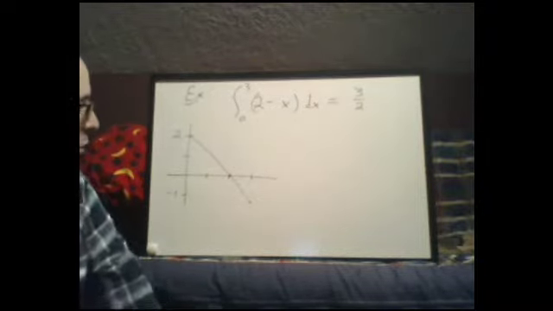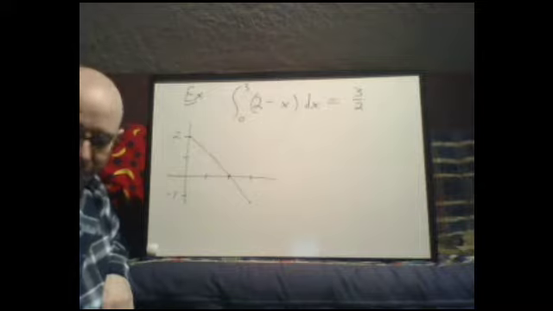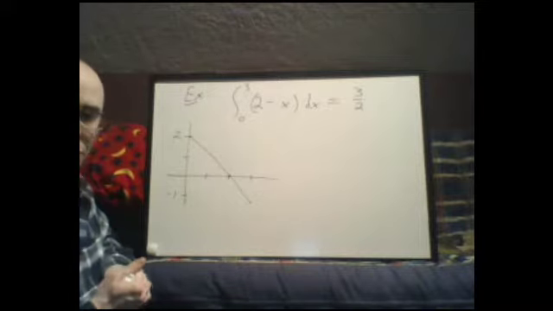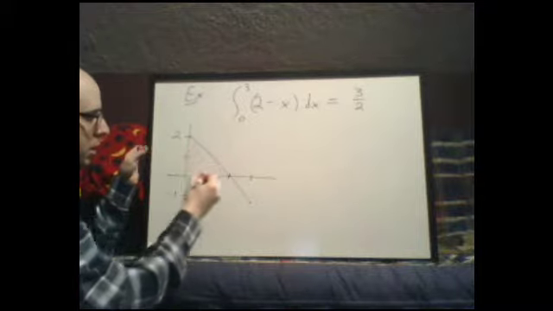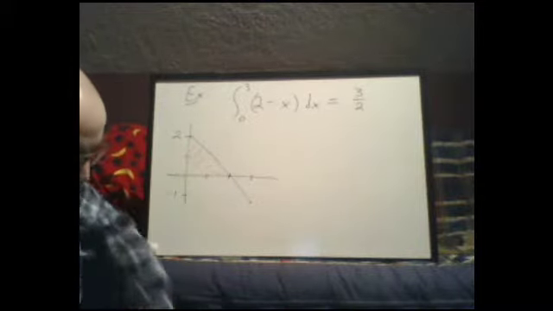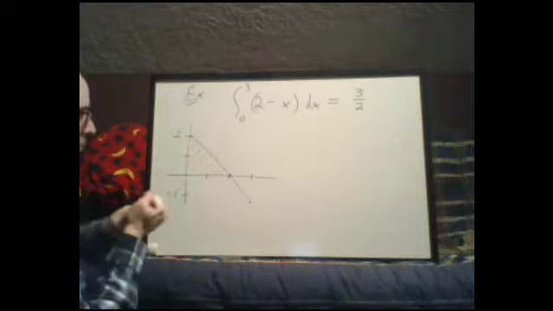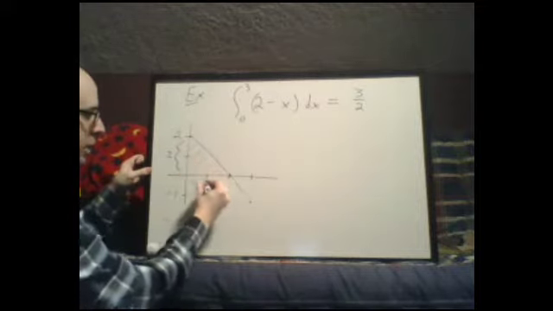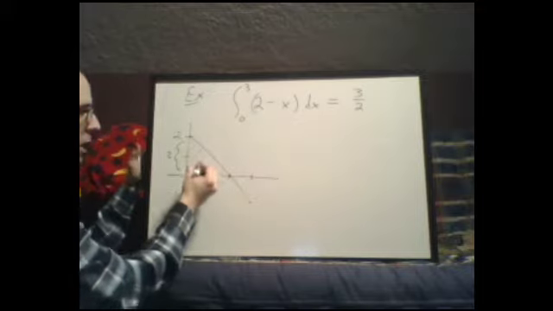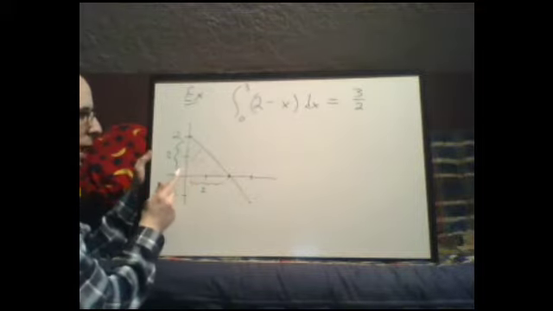Okay, so let's compute the integral geometrically now. There's two parts to it. There's the triangle up here. That's a triangle with height 2 and base 2. So this area here is going to be 1/2 base times height.